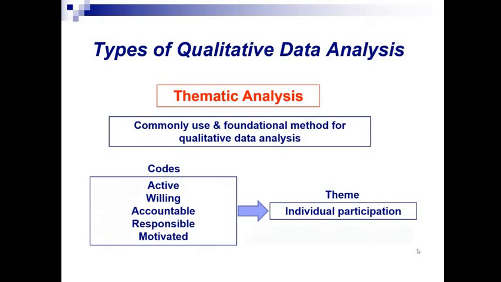From the codes, we derive a broader concept we call theme or category. Again, the purpose of using thematic analysis is for you to present a clear picture of the themes that emerge out of your participants' transcripts or responses.